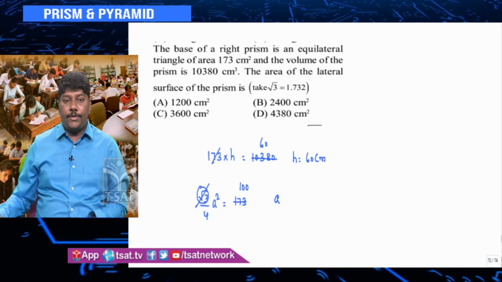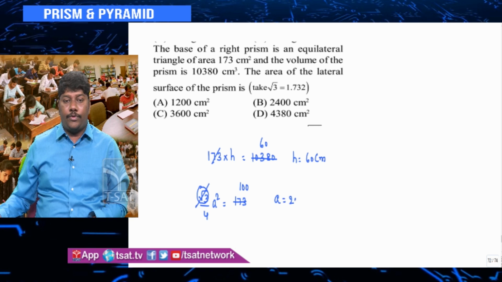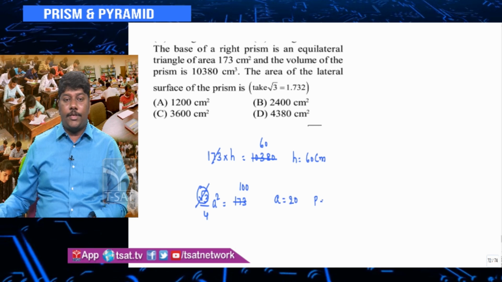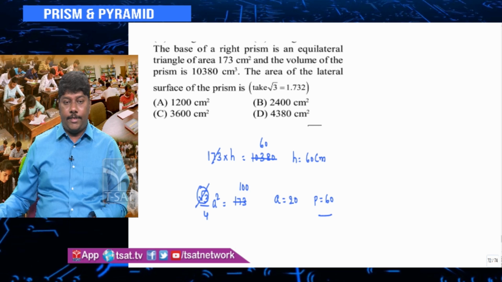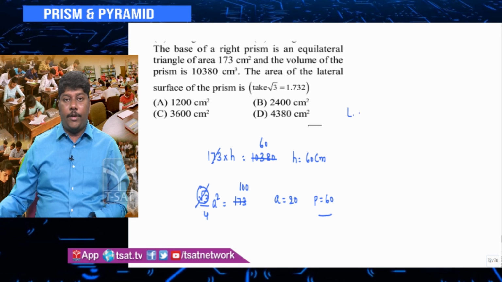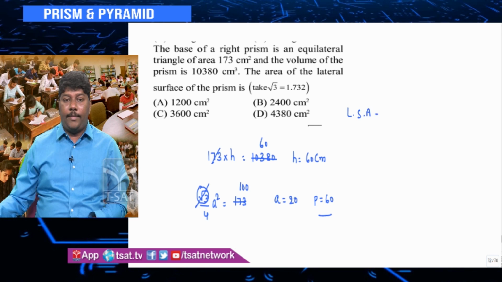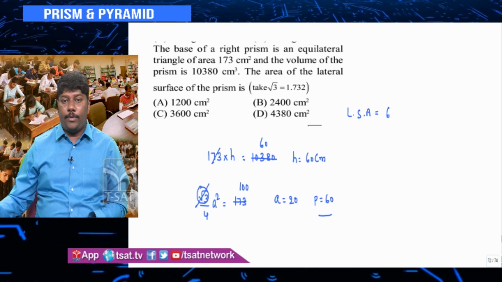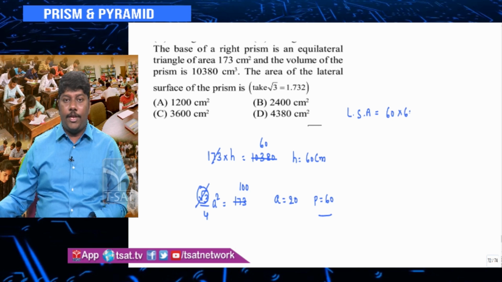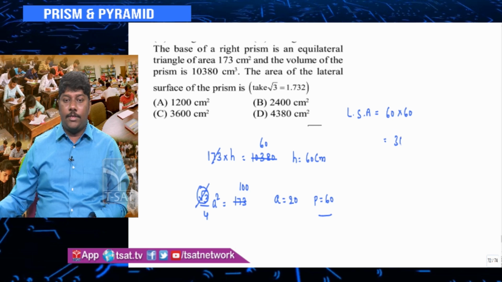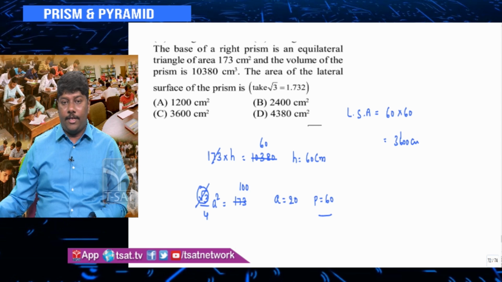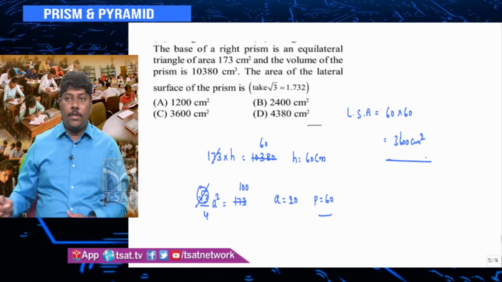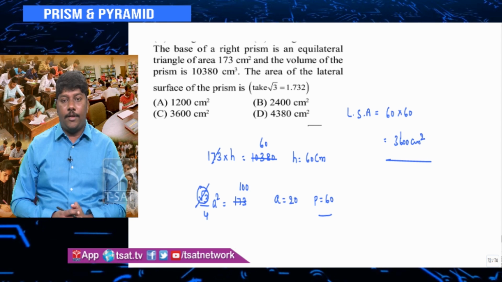Therefore, a square is equal to 400, a is equal to 20, perimeter is equal to 60 because there are 3 sides. So, to find the lateral surface area, multiply the base perimeter into height, 60 into 60, 3600 centimeter square.